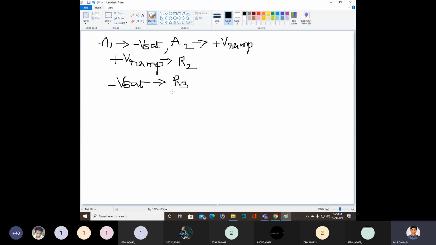Then A1 will switch from minus V saturation to positive V saturation, and A2 will switch from positive V ramp to negative V ramp.